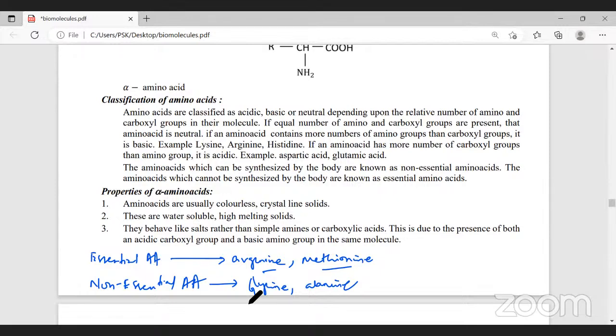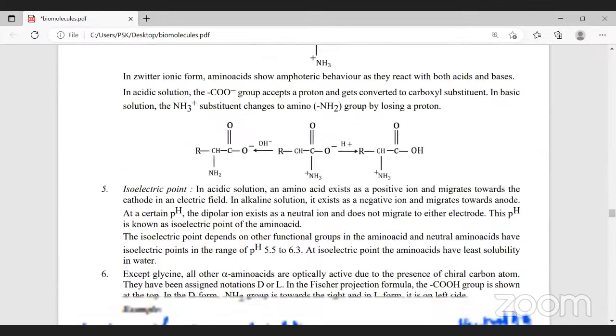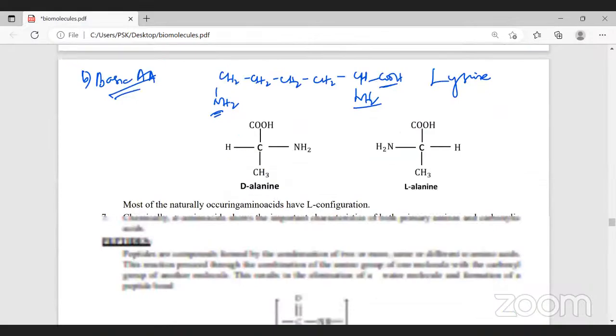Example for non-essential amino acids, glycine and alanine. They're produced in the body, so need not be taken through diet. The further classification and the properties of amino acids we will learn tomorrow.